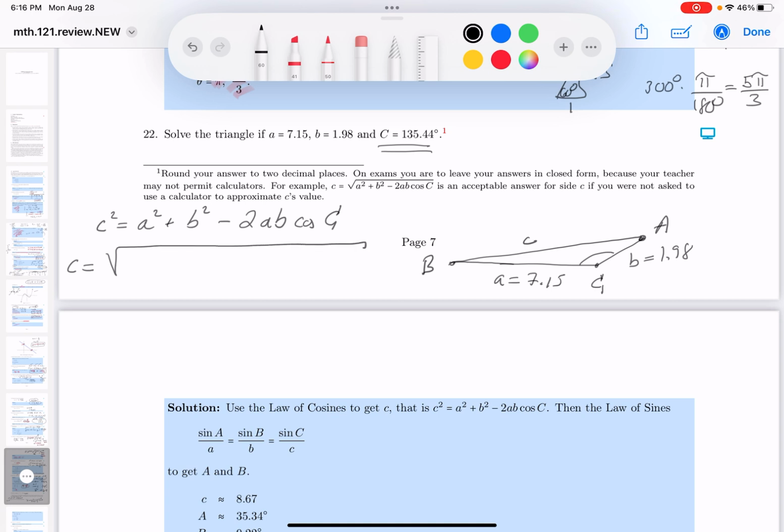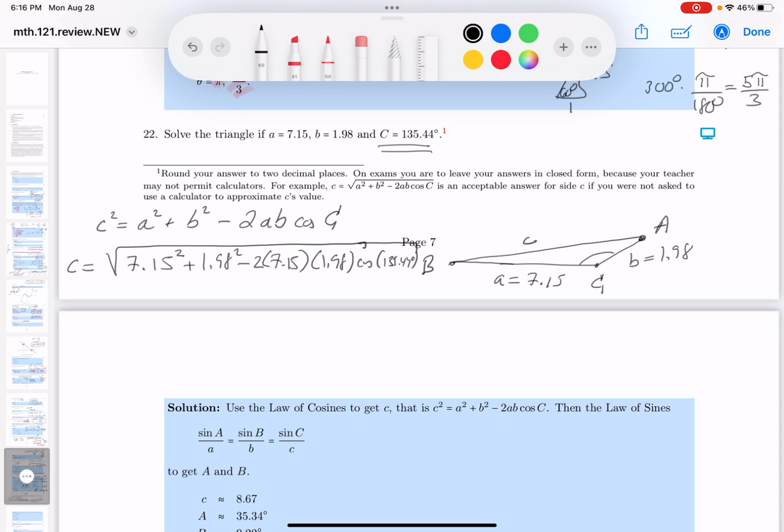A squared, 7.15 squared, plus the B squared, 1.98 squared, minus 2, 7.15, 1.98, wow, I'm running out of room, cosine of C, which is 135.44. You know what, not very neat.